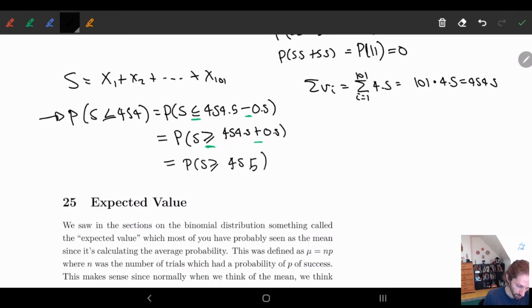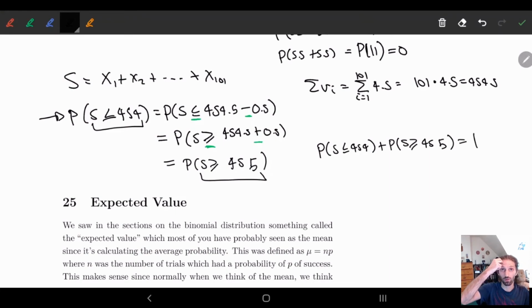If you look at this, this is all the numbers in existence. That's basically everything. And since 454.5 is the middle, these two things are the same. So if I do P of S less than or equal to 454 plus P of S greater than or equal to 455, this is equal to 1, right? This has to give me full probability because I have to get everything.